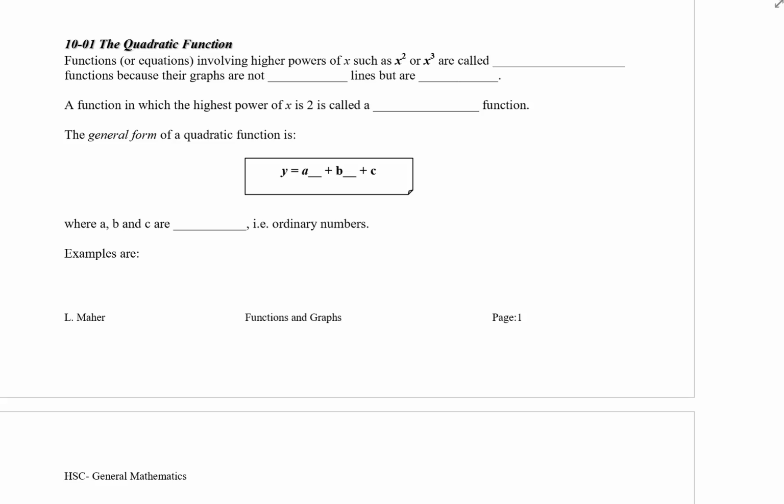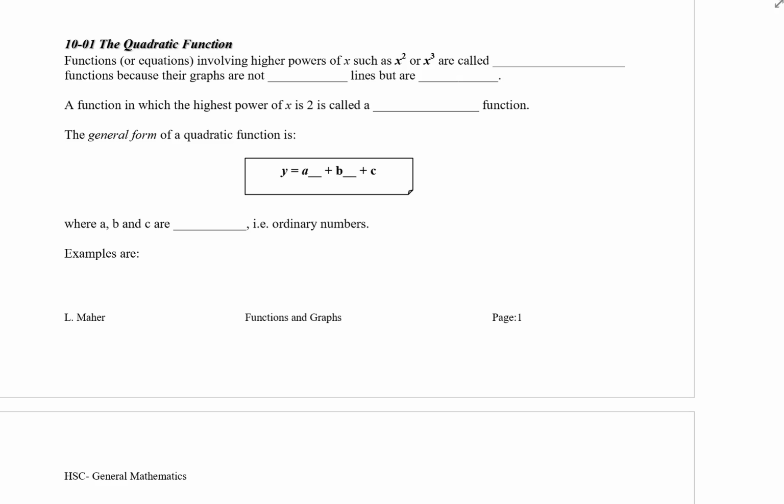In this chapter on algebra, we move away from straight line or linear algebra, and we start to look at both the equation for non-linear, we look at the table of values, and we look at the graph of non-linear.